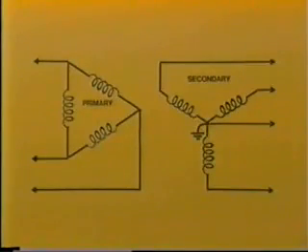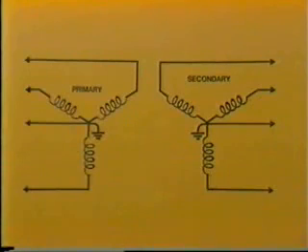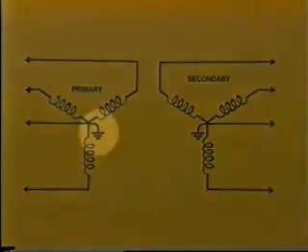For transformers having Y-connected secondaries, the primary windings may be connected in either delta or grounded Y. It is important to note that where a YY distribution transformer is installed, the primary neutral must be grounded. Why is this?